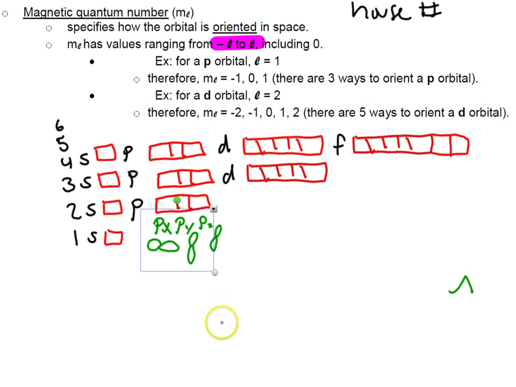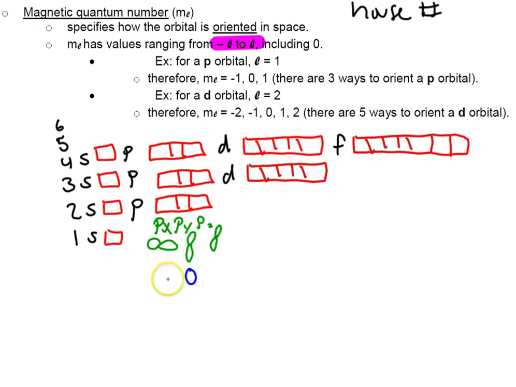Now what we're going to do, once we've identified the different types of suborbitals within the p orbital, again we assign numbers to represent these suborbitals. And the way we assign the numbers is the middle box gets a 0.